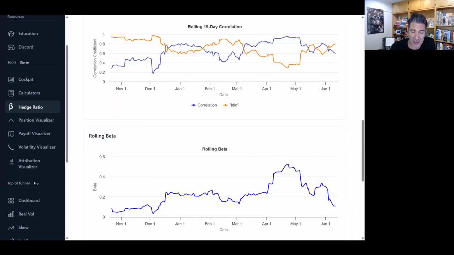Beta is the thing that turns it from standard deviations of each asset into percent terms. We just scale the correlation, multiply it by the volatility ratio, and that's how you end up with a beta. That's all that is.